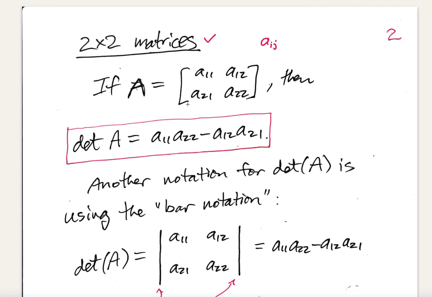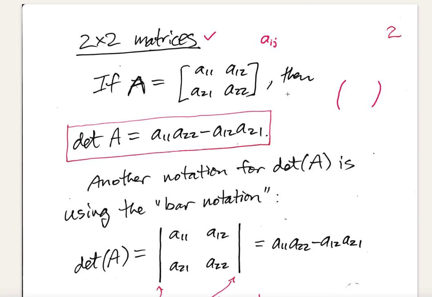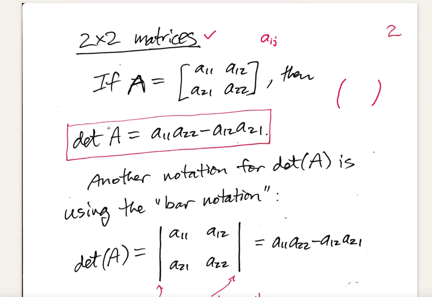Notice this is in square brackets. Some people will use parentheses, but I like to use square brackets. What is the determinant of A? Notice I forgot my parentheses here, but that's fine. The determinant of A is A sub 1,1 times A sub 2,2, minus A sub 1,2 times A sub 2,1.